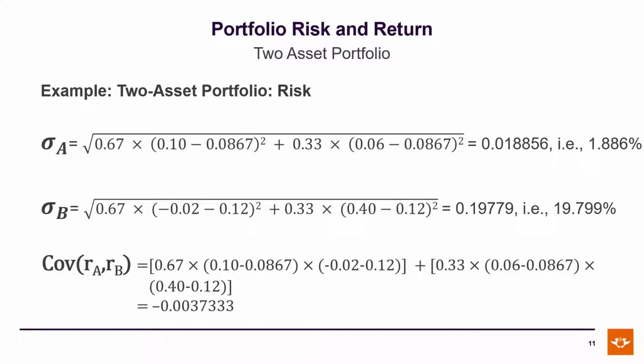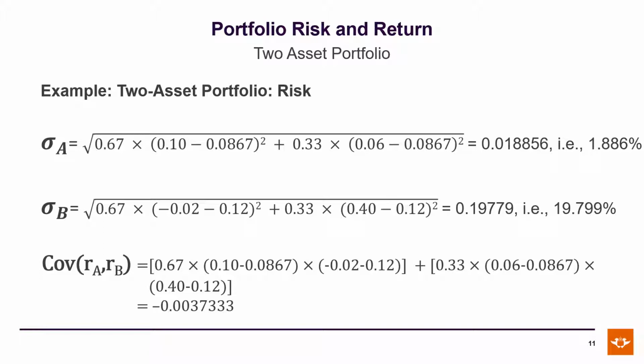So when stock A generates a 10% return, stock B generates a negative 2% return in an expansion phase. And when stock B generates a positive 40% return, even though the return for stock A is positive, it's significantly smaller. So the covariance again substantiates the differences in the risks between these two assets and the fact that they move in opposite directions to each other. So from a diversification point of view, again, we'll talk about that in detail later, combining these two assets in a portfolio is actually very, very positive.